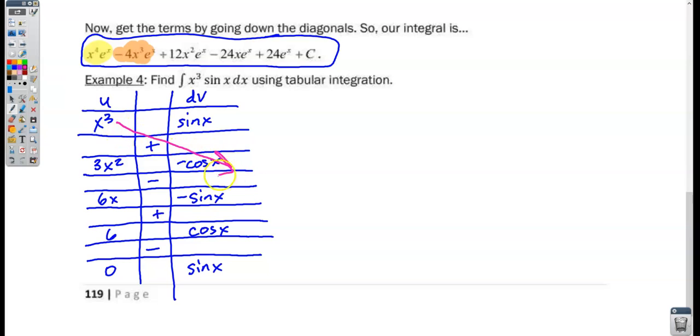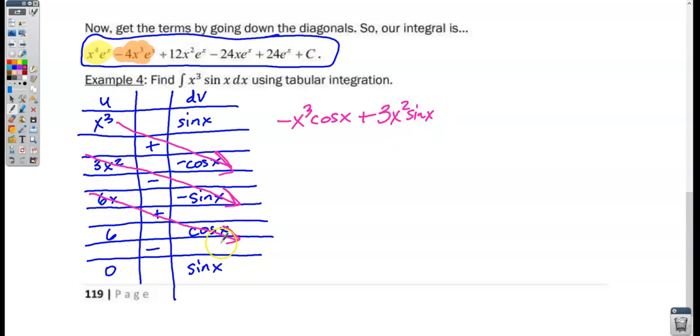Down the diagonal, x to the third times a plus sign times negative cosine of x makes negative x to the third cosine of x. 3x squared times a minus sign times a minus sine of x. The minus and the minus make up for a plus. It's plus 3x squared sine of x.